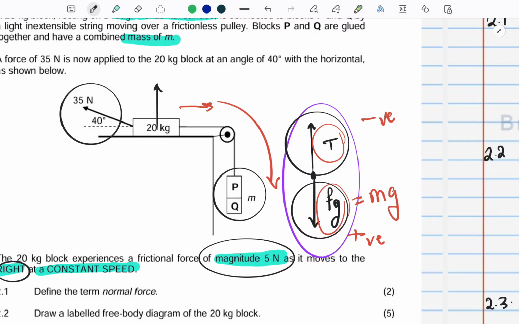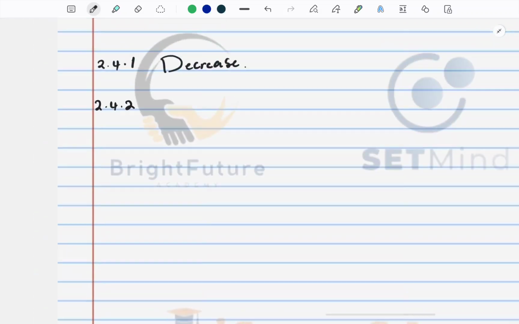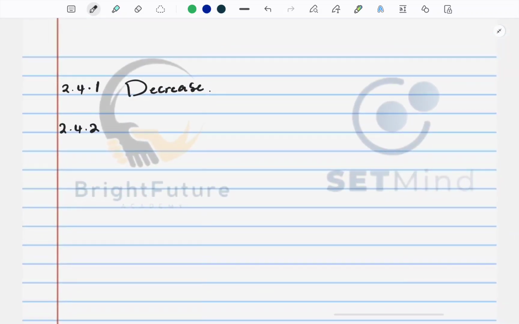So what you're going to experience here is that your velocity will decrease.